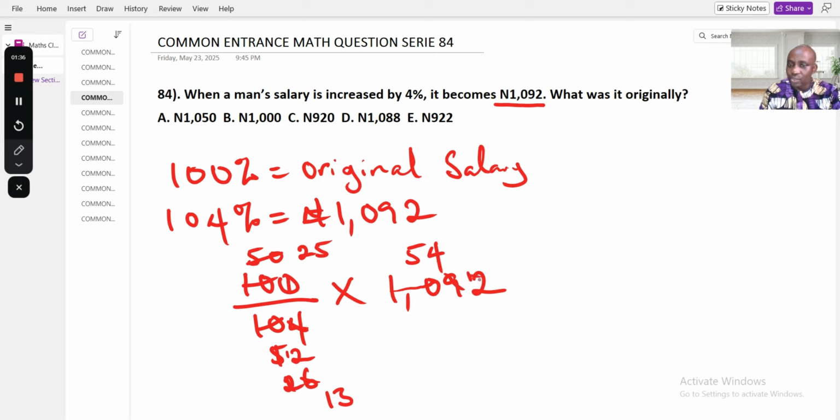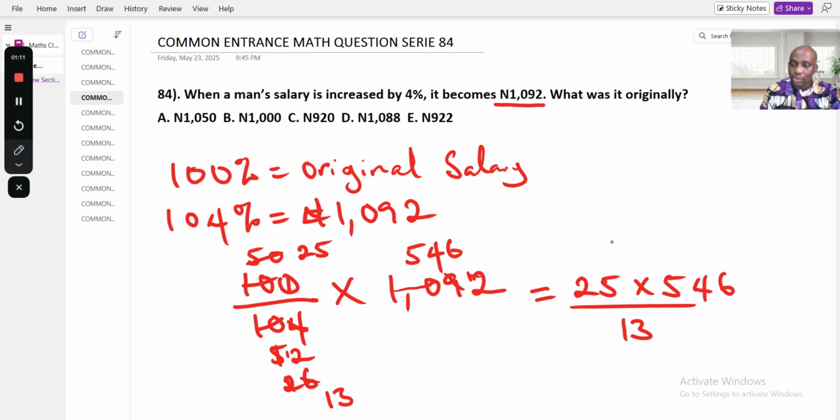How many 2s in 12? 6. What can divide it again? Nothing. Therefore, our answer is going to be 25 multiplied by 546 divided by 13.